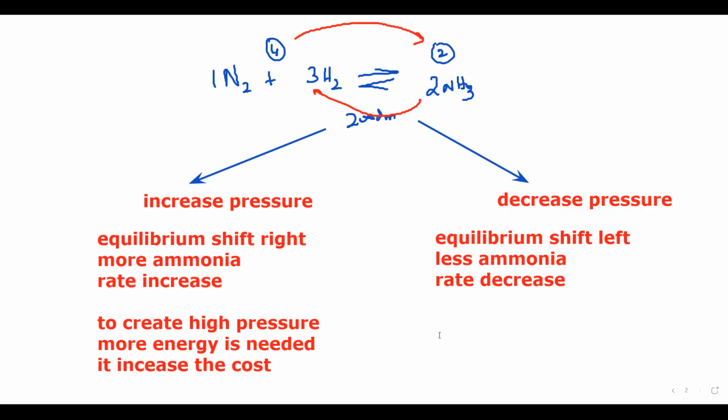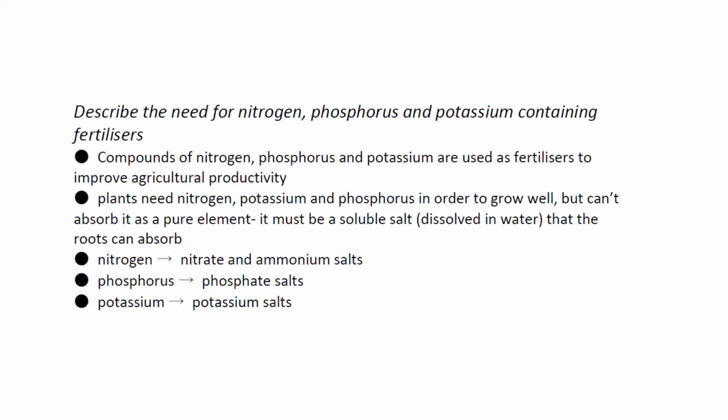Then what are fertilizers? Fertilizers are compounds which provide essential nutrients to the plants. And what are the essential nutrients? Those compounds which can provide nitrogen, phosphorus and potassium, NPK.